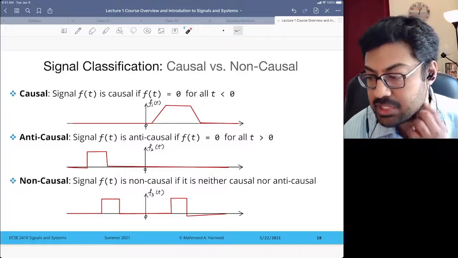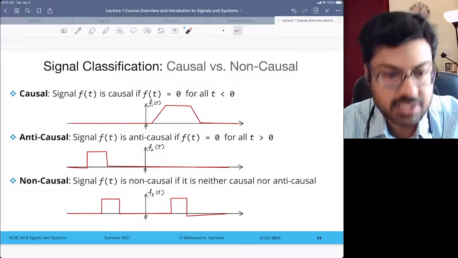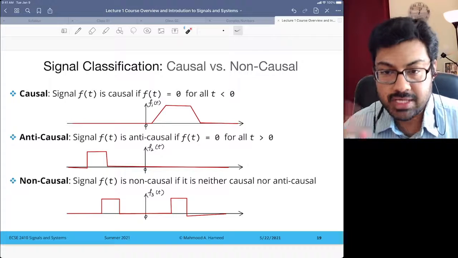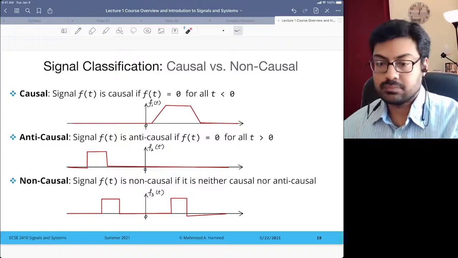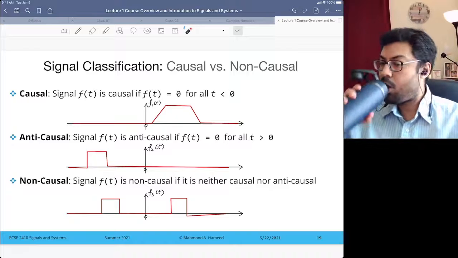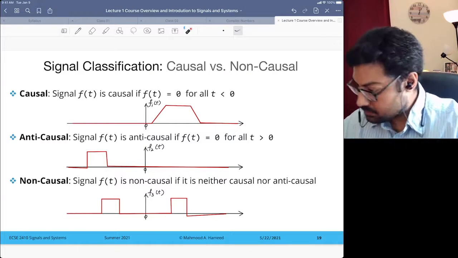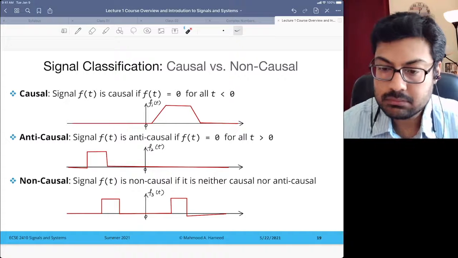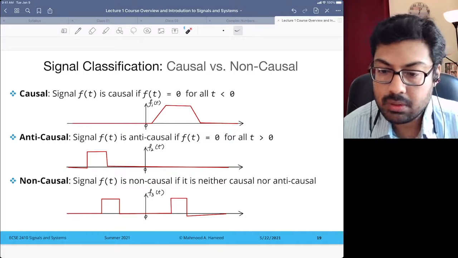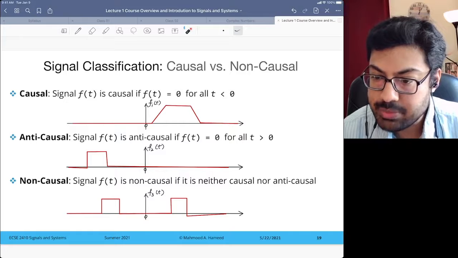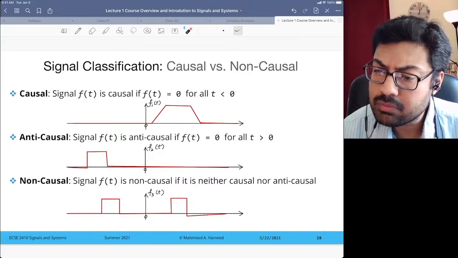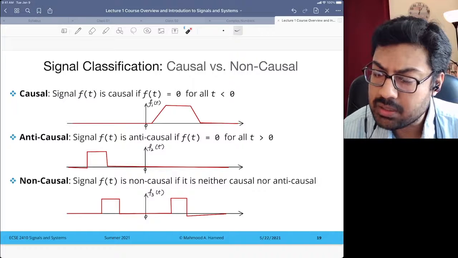Questions about this classification: causal versus non-causal versus anti-causal. These are for signals. Won't this change based on how you define the function?